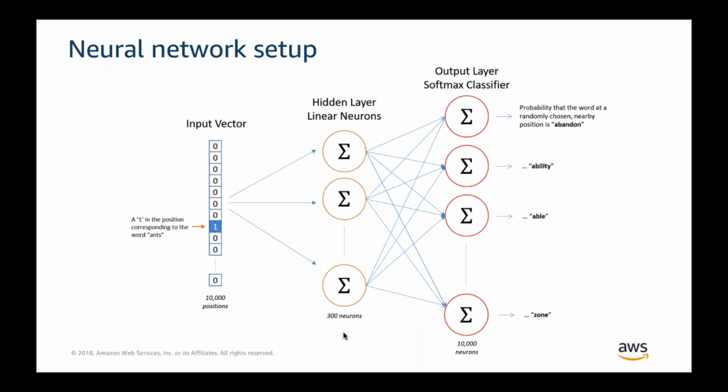Okay, so coming back to this setup, this is what we're feeding. An important thing to note is once this neural network is trained, we actually throw away the neural network. We are not going to be using it once the training is done. Once you pass through the entire corpus of skipgrams, we are only interested in the weights of this hidden layer.